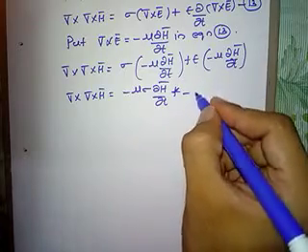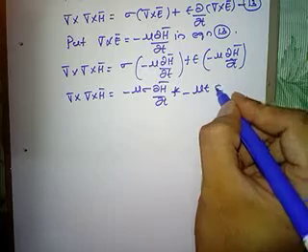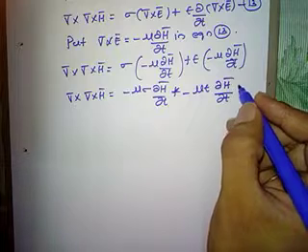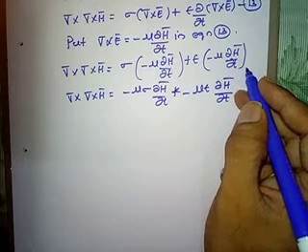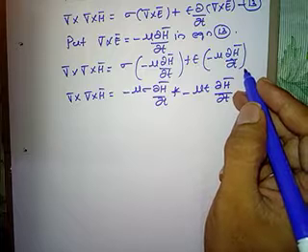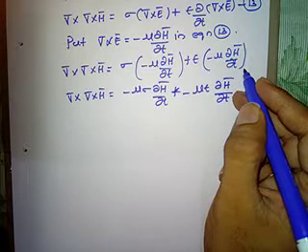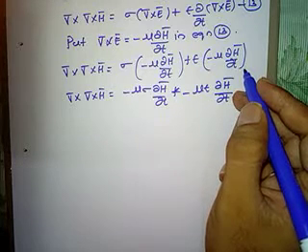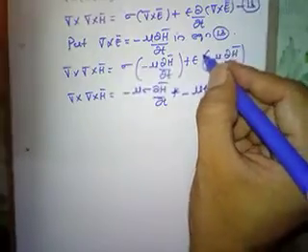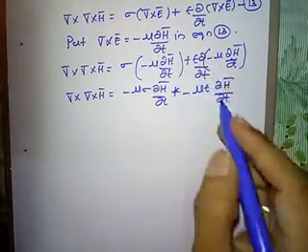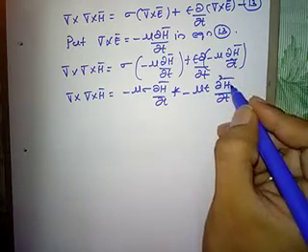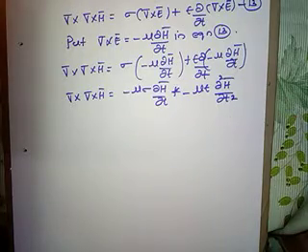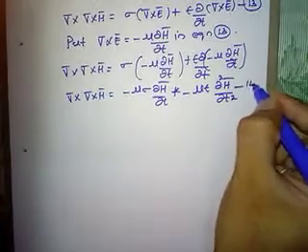Why is it dou t square? Because we have the previous equation, del cross E bar equals minus mu dou H bar by dou t, and there is epsilon dou by dou t outside. So we have minus mu epsilon dou square H bar upon dou t square. Take it as equation 14.